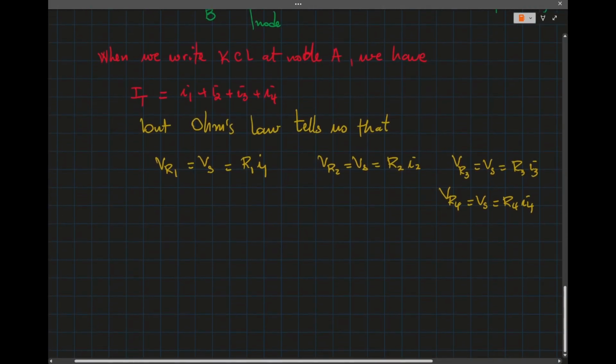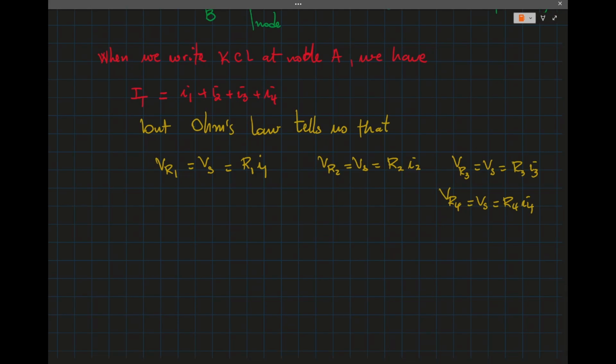Okay, so then what do we have? I'm going to solve for I1. So I1 here will be Vs over R1. I2 will be Vs over R2. I3 is Vs over R3. And I4 is Vs over R4.